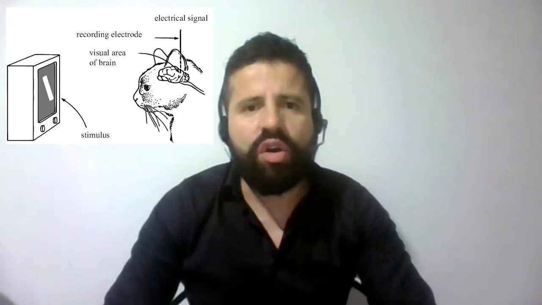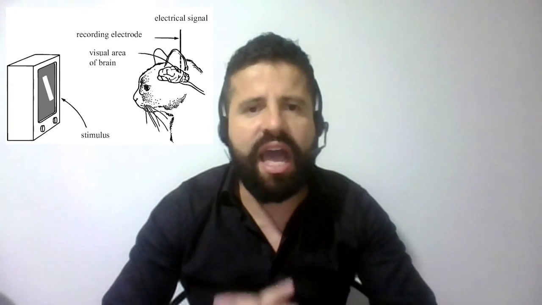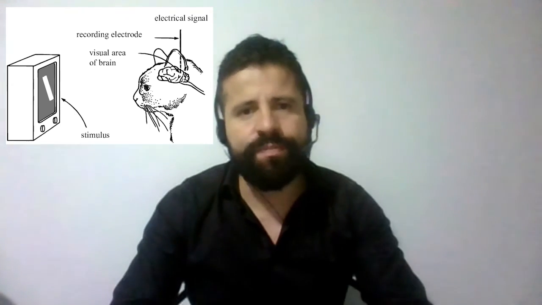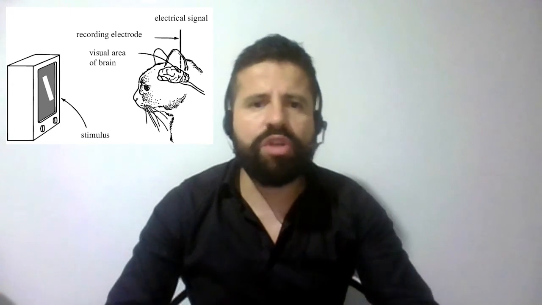In 1981, David Hubel and Torsten Wiesel, two young neuroscientists, elucidated the way neurons in the visual cortex encode visual information. They put microelectrodes in the cortex of anesthetized cats and recorded the activity of individual neurons. What they discovered was that those neurons are extremely specialized both in space and orientation.